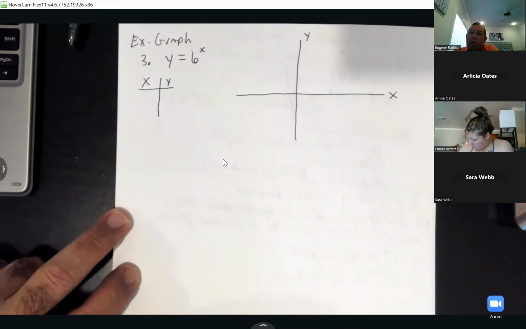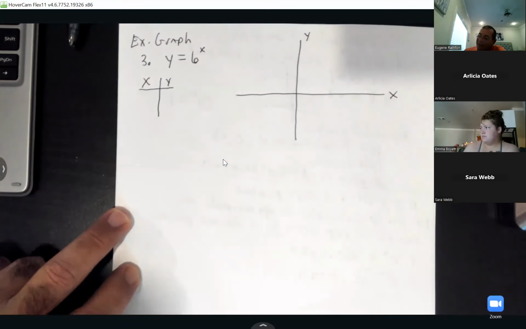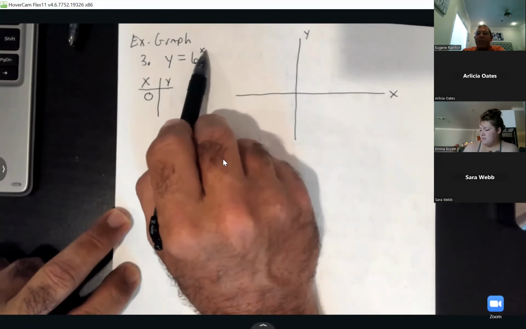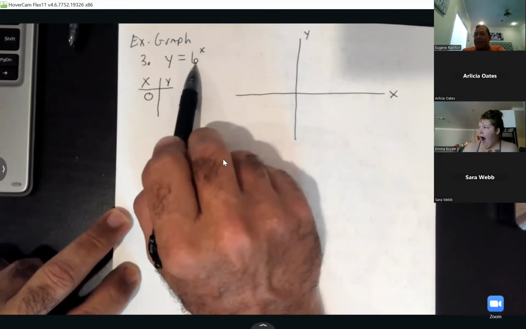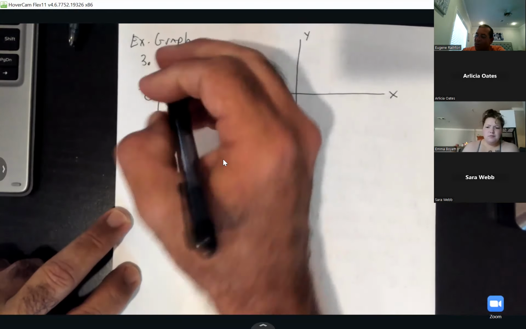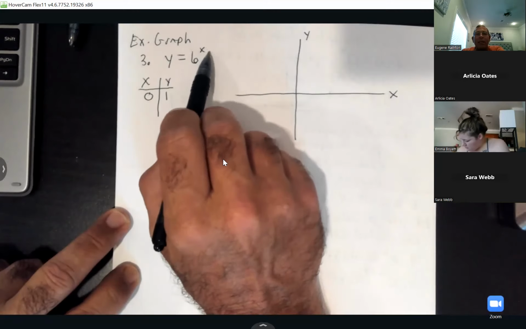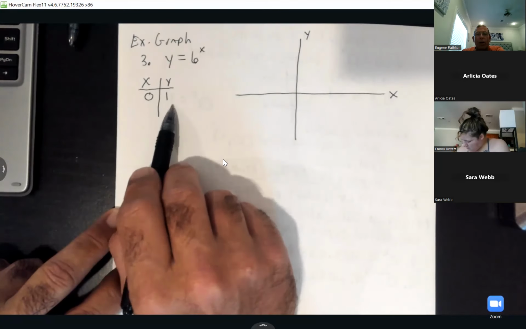Y'all, I probably won't do too many numbers on here because these numbers get big quick, okay? So let me start with 0. If I put a 0 in for the x, 6 to the 0 is going to give you 1. Any number to the 0 power equals 1.